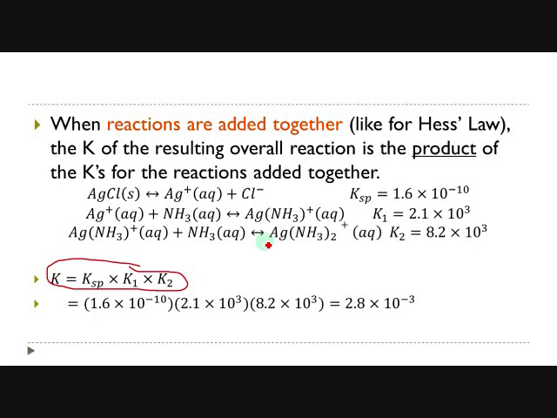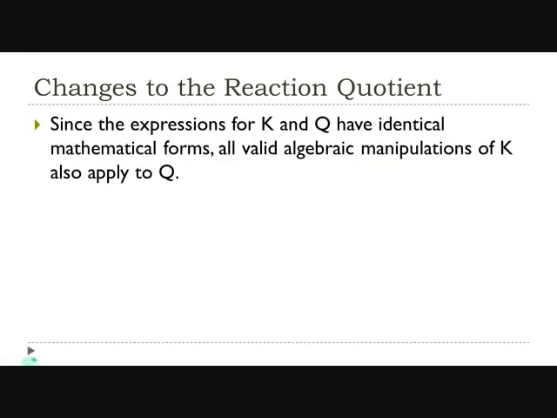You would still add the reactions together to make an overall reaction, but for finding K, you would multiply. And any of these things, reversing it and taking the inverse, multiplying and raising K to that power, all apply also to the Q expression for the reaction quotient.